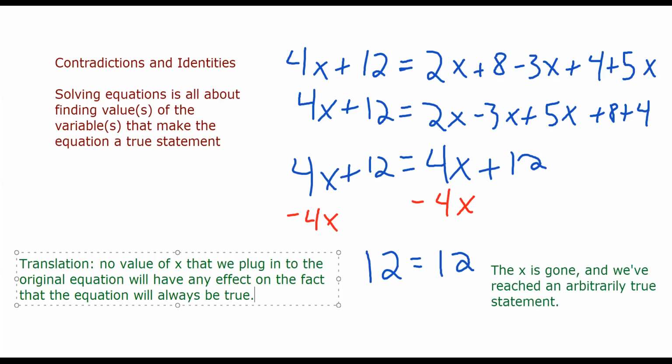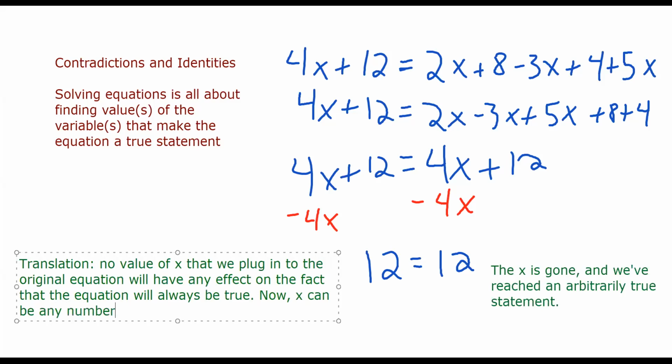So instead of there being no solution, now x can be any number it wants. You can plug in any value of x that your heart desires. You can plug in 300 trillion, and you're still going to end up with a true statement. You're still going to end up with an equation that's correct, that's true.